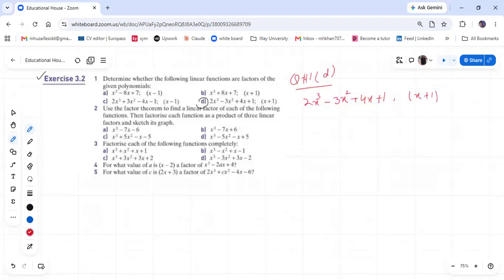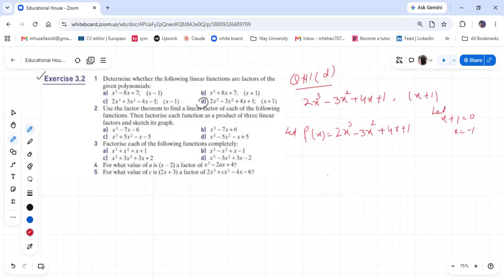x plus 1. Basically, as yesterday, we set x plus 1 equal to 0, which gives us x is equal to minus 1. So let f of x be 2x cube minus 3x square plus 4x plus 1.